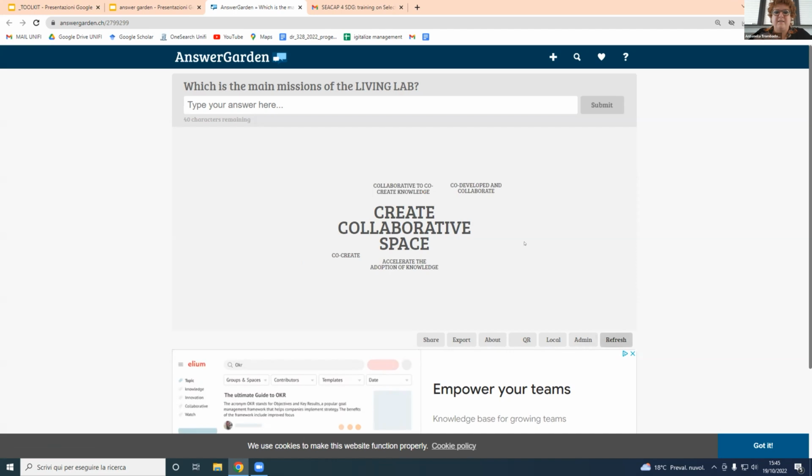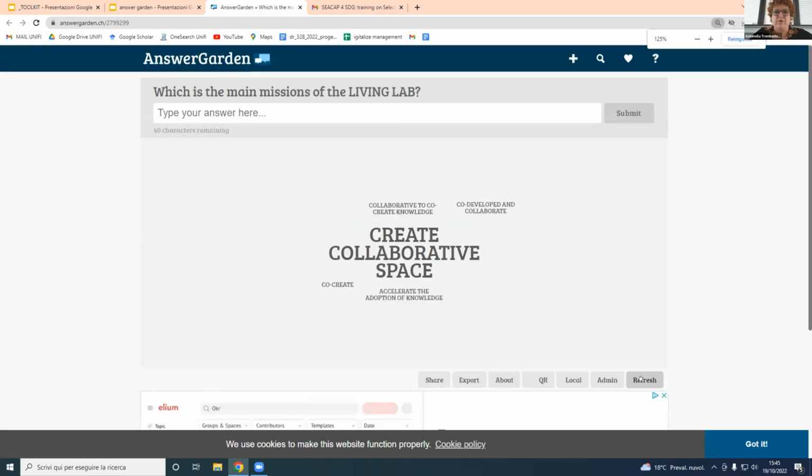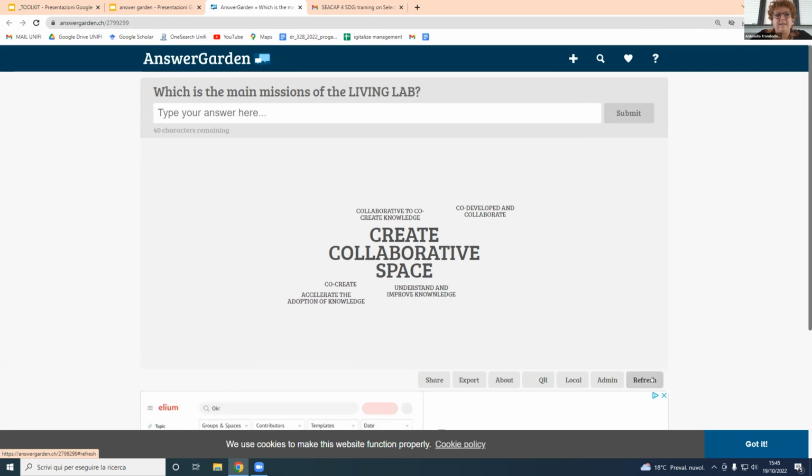Oh yes, let me suggest another answer, because we are more focused on collaboration, to create a collaborative space. That is one of the best missions of the Living Lab. But another one, I think, is to help the public administration, the owner of the building, to set a very advanced target. So don't forget the utility of the Living Lab to coach and support the public administration in order to have a better vision.